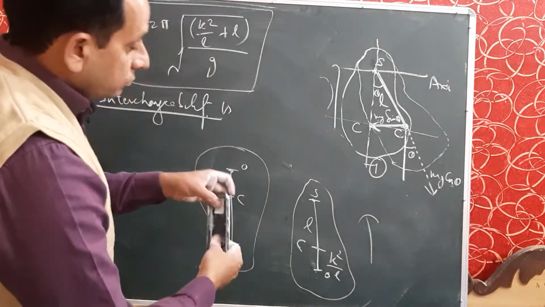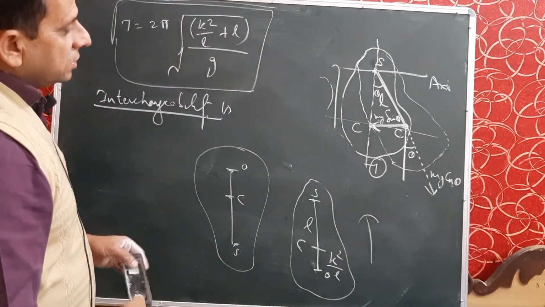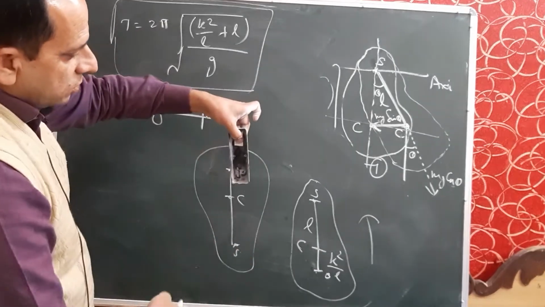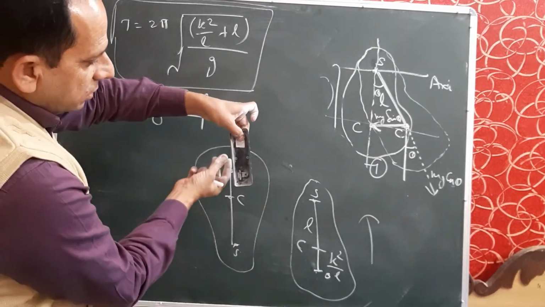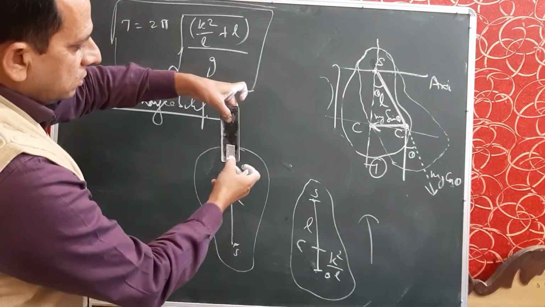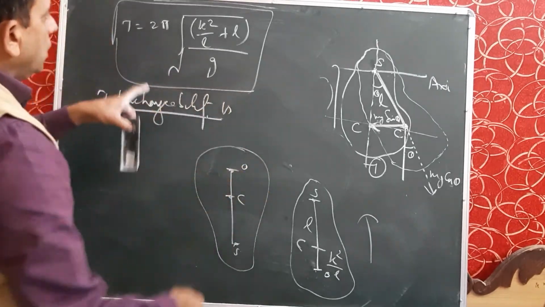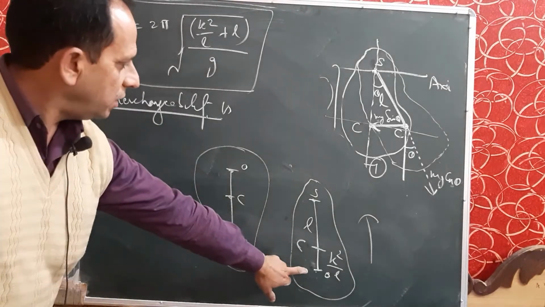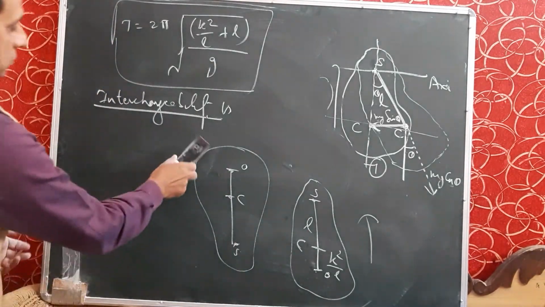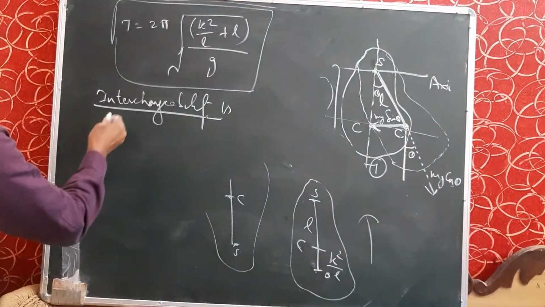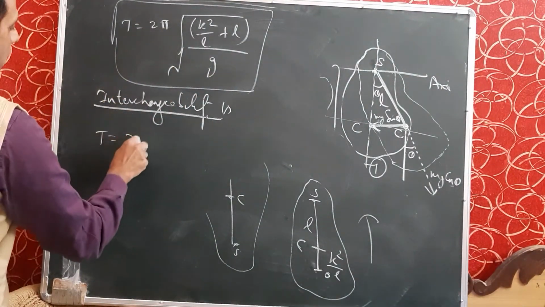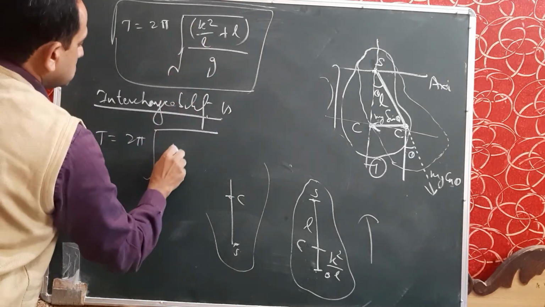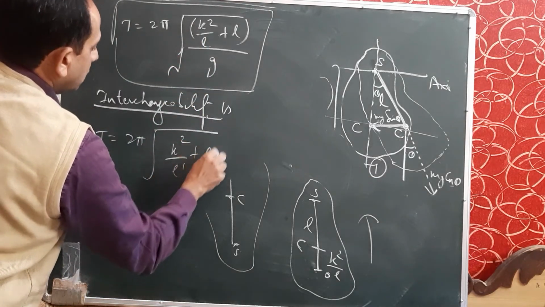So it means when we vibrate this compound pendulum from this side it will oscillate like this, and if we interchange it, it will oscillate like this. In both cases the time period remains the same. There is no difference in the time period, either suspended from this side or from this side. So this is called interchangeability. That is, T is taken as 2 pi root of k square over l dash plus l dash.